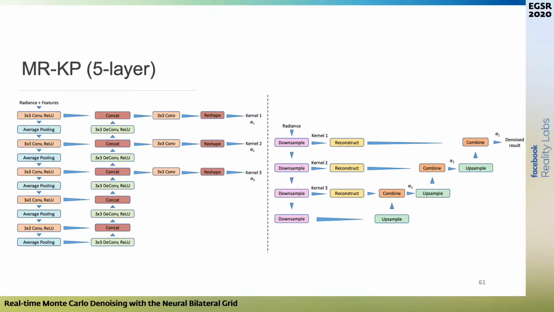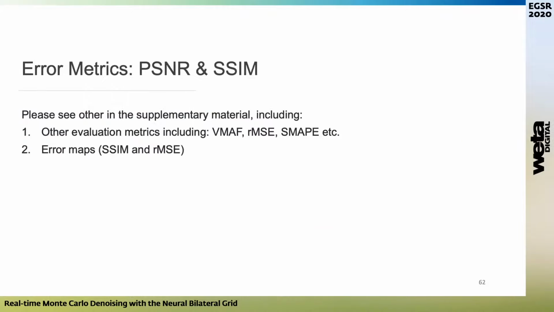For fair comparison, we train MRKP with the same loss and the same split of data as our approach. Also, we perform the same temporal filtering and albedo demodulation as in our approach. We will show the evaluation with PSNR and SSIM here. We have included other evaluation metrics and error maps in the supplemental material.